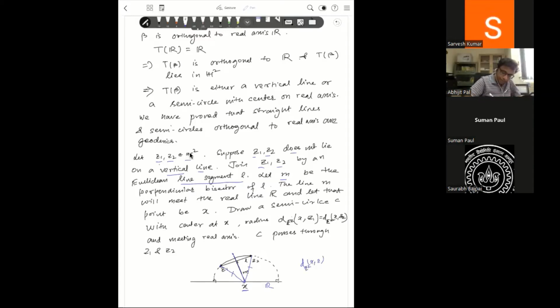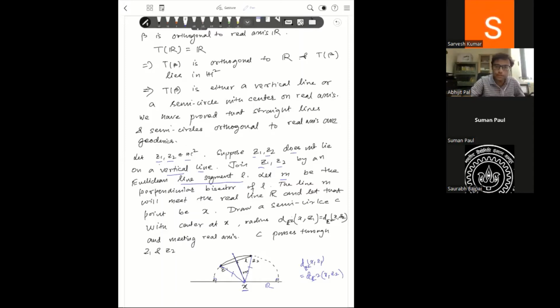This is my Euclidean radius, the same as this one. So we get a semicircle which meets the real line orthogonally.